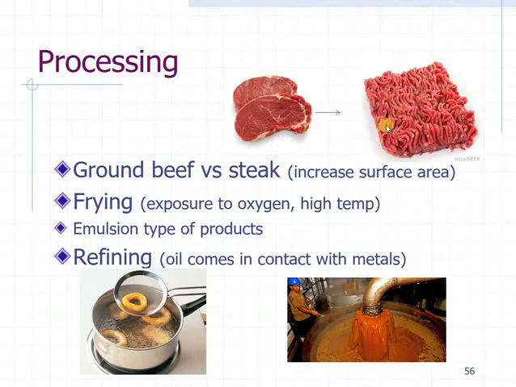By grinding the meat, you are exposing especially your marbled fat, the fat that was hidden in between, where the oxygen could not get to. Once you grind the beef, the fat becomes exposed by the increased surface area. When you fry, you are exposing it to oxygen and high temperatures, and we know those will accelerate lipid oxidation. Look at the processing of your palm oil.